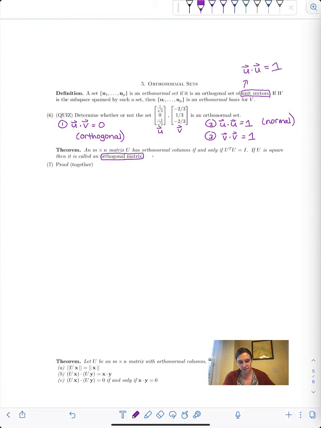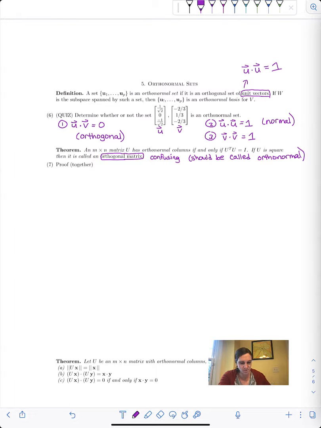In my opinion, it should be called an orthonormal matrix, because you can't just have orthogonal columns, they have to also be unit vectors. So that's kind of unfortunate notation, but just be aware of that. Hopefully that will help you avoid any confusion with it.